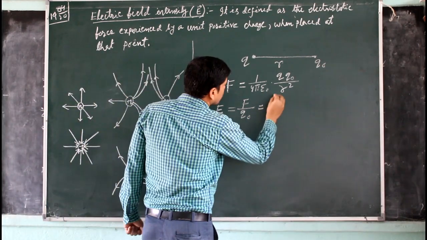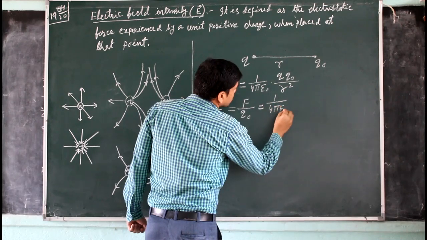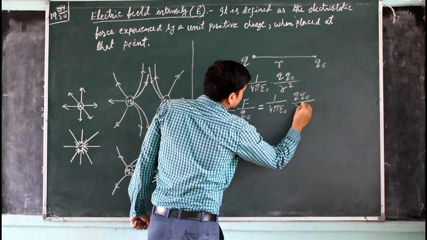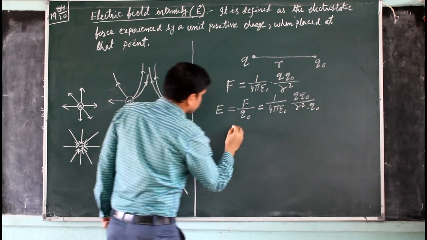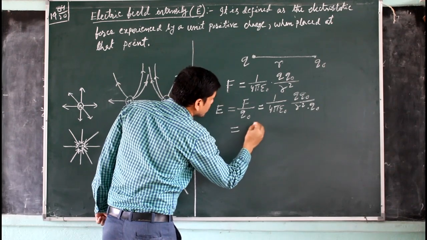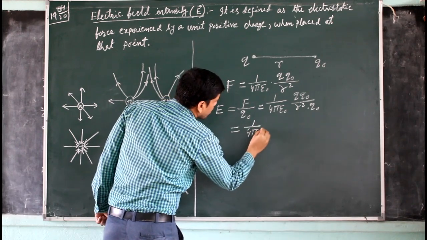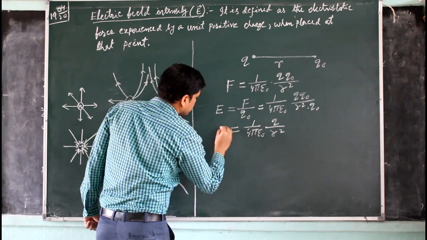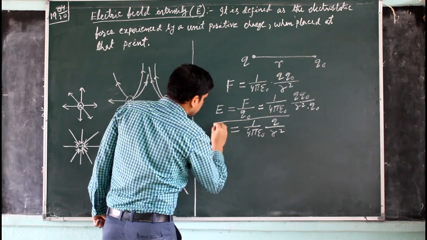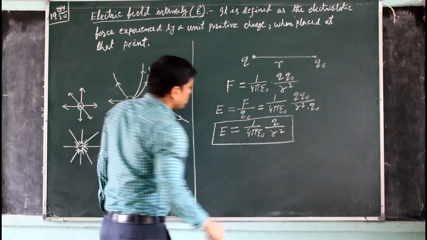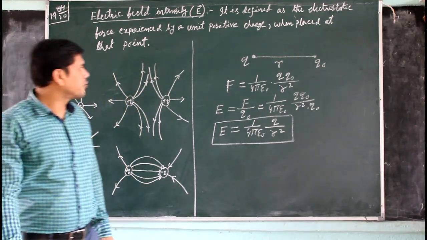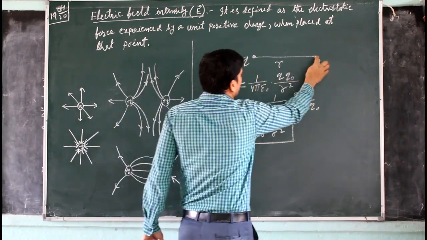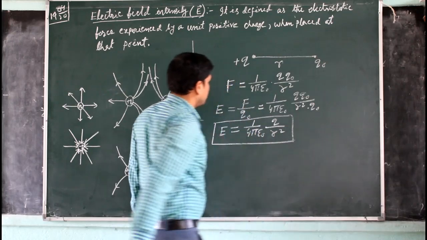So this is equal to 1 by 4 pi epsilon naught Q Q naught by r square into Q naught, which equals 1 by 4 pi epsilon naught Q by r square. This is the electric field due to a plus Q point charge at a distance r at this point.